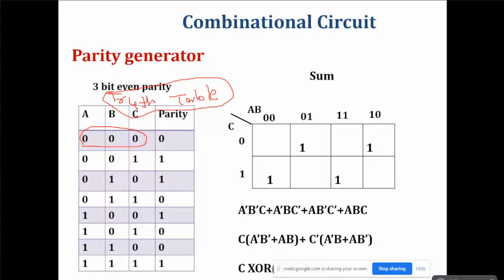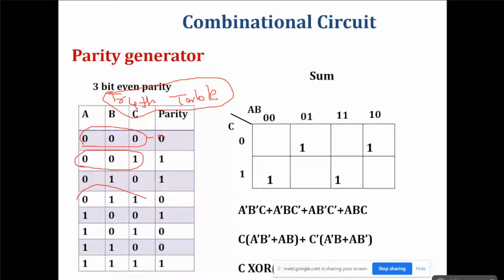So here for the first combination, 0 0 0, parity will be 0 because an even number of ones are here. For the next combination, an odd number of ones are here, so to make it even, we need a 1. So here the parity bit will be 1. For the next, it is 0 1 0. Again, it is an odd number of ones, so here we need to append 1.